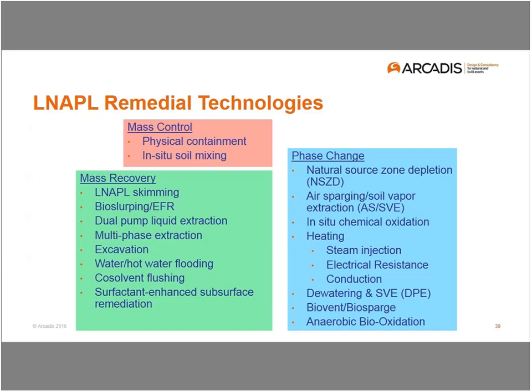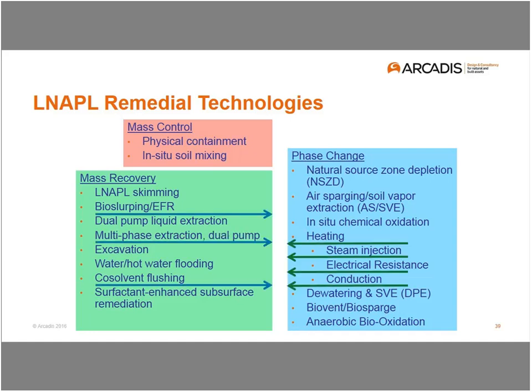All of these technologies have multiple ways that their physics and chemistry act on the LNAPL. So in particular, there are a number of technologies here like bioslurping or multi-phase extraction that not only pump LNAPL out of wells, but they also induce phase change on the NAPL. Similarly, there are some of these technologies, particularly the heating technologies in the phase change column over here, that also are going to enhance mass recovery.